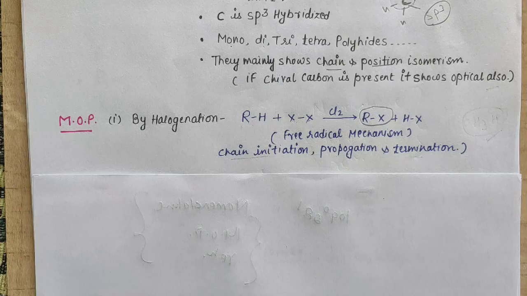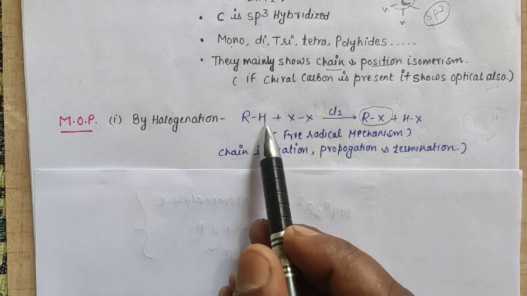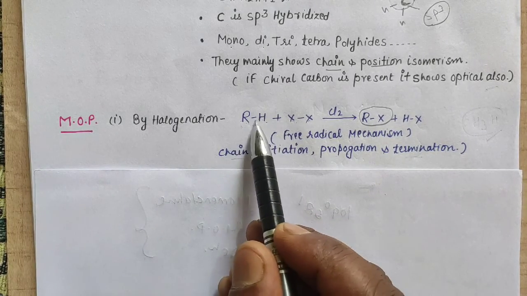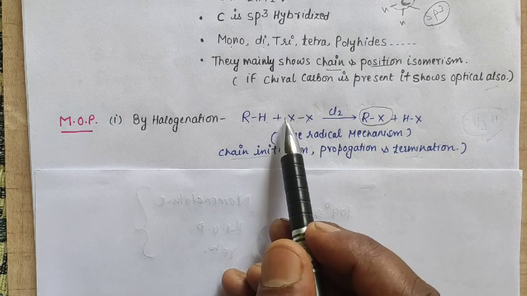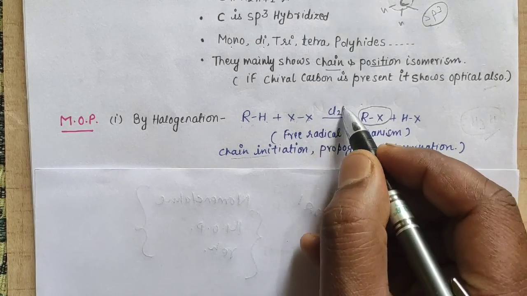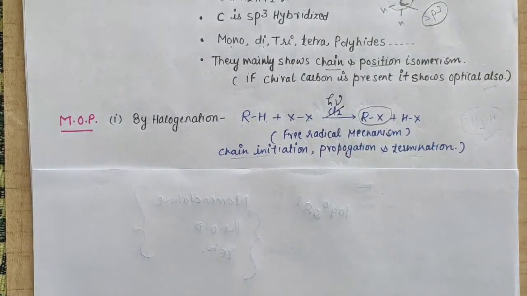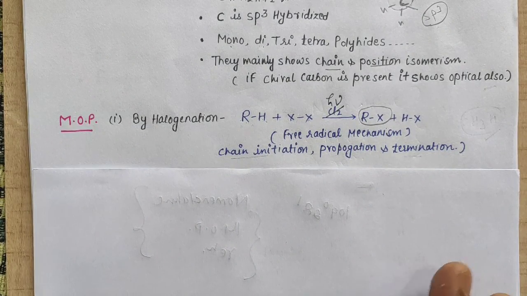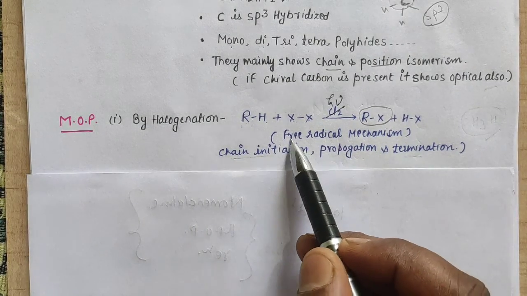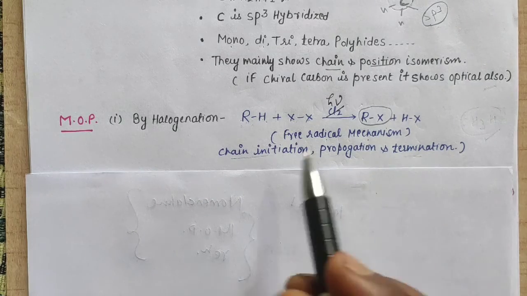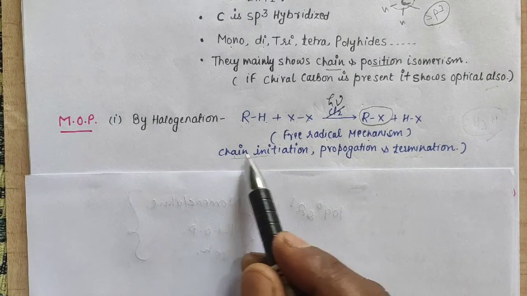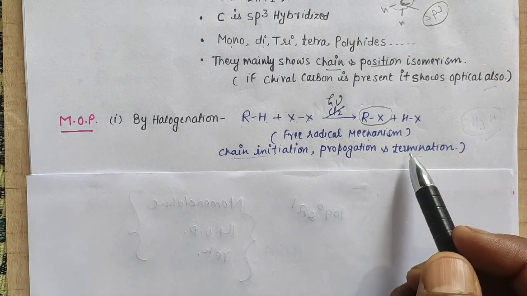Now the method of preparation, first by halogenation. From alkane, RH, for example CH3H means CH4, halogenation with X2 in presence of h nu. This halogenation comes under free radical halogenation, which has majorly 3 steps: chain initiation, chain propagation and chain termination.